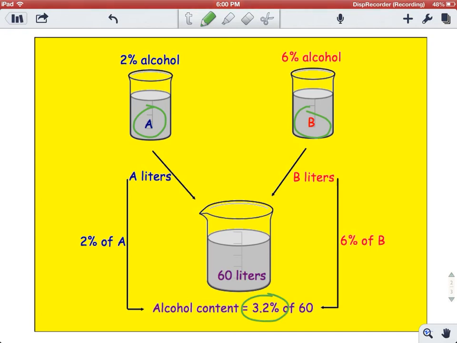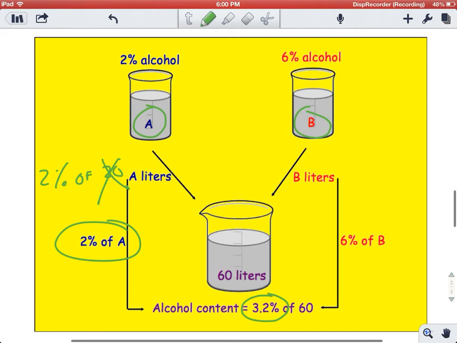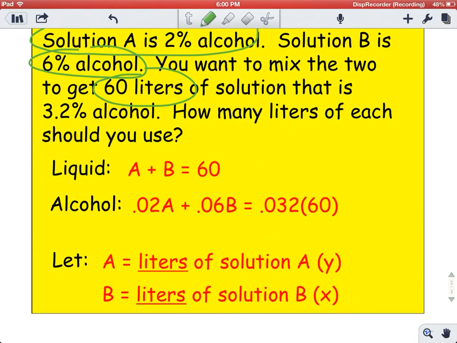So the only thing that's different now is that instead of taking 2% of, say, 20 milliliters or liters, I don't know what this is now. So now it's 2% of A, 2% of a variable. There's 2% of my variable, and there's 6% of my other beaker. Why are we adding them together?